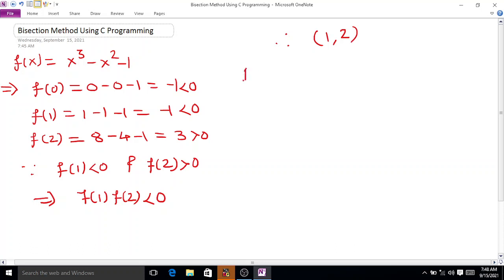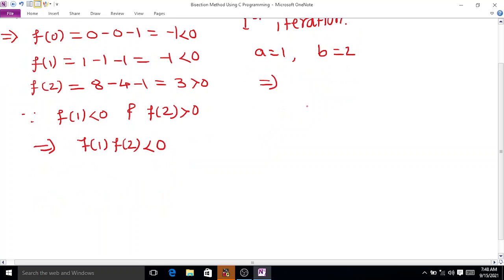So, first iteration: consider a = 1, b = 2, then c = (a + b)/2, which is equal to 1.5.